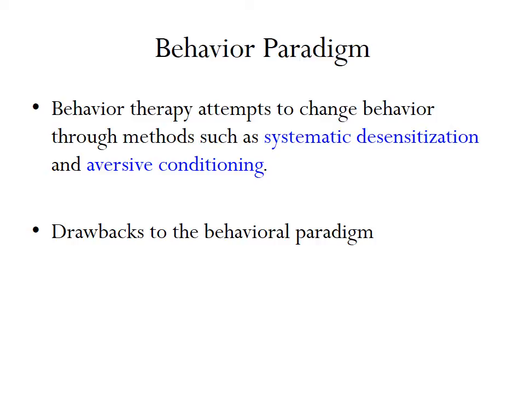With systematic desensitization, we pair relaxation with previously stressful stimuli, and over time, a connection is built, and we no longer feel stressed by stimuli. The more often you come into class and there's a snake on your desk and nothing happens to you, the more accustomed you become to that, the more comfortable you become with having the snake there.